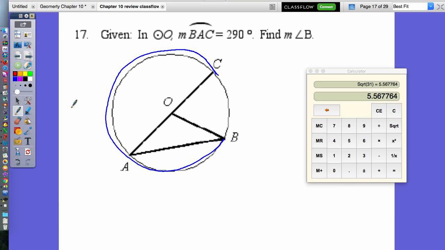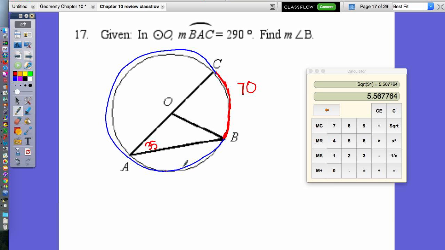The first thing I'm going to say, if this is 290, then this here is 70, which means angle A is 35 degrees, okay?